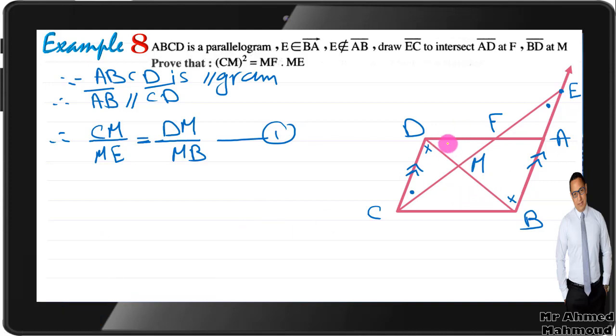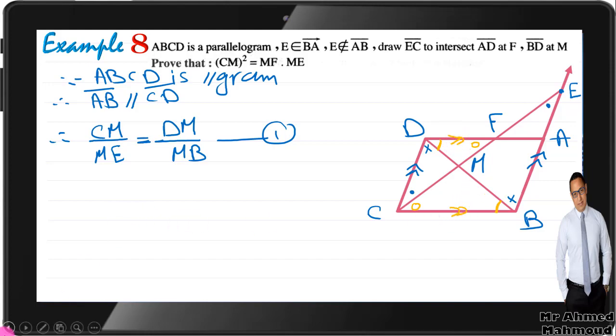Okay, by looking also at triangles DMF and MBC. Here this angle equals this angle, alternate, and also angle F equals angle C, alternate, because those two lines are parallel.